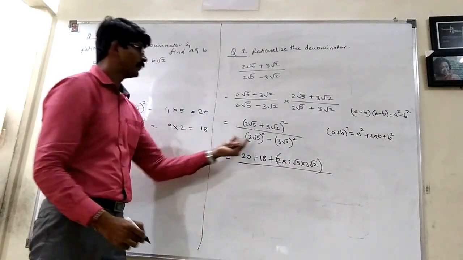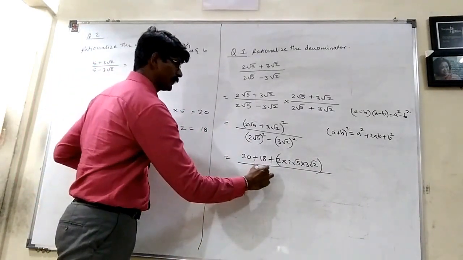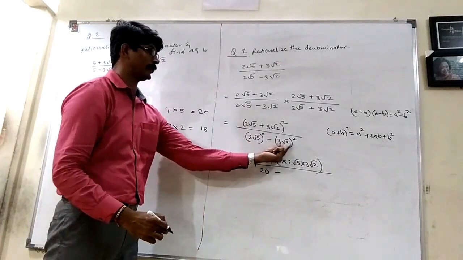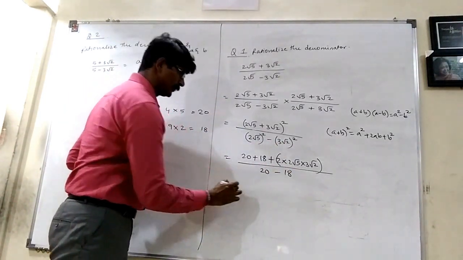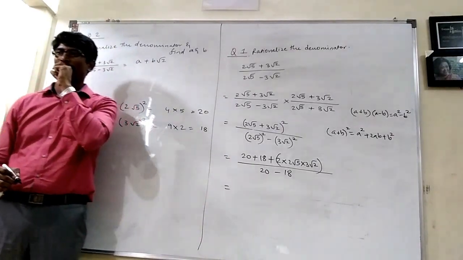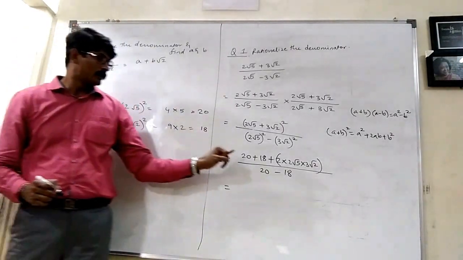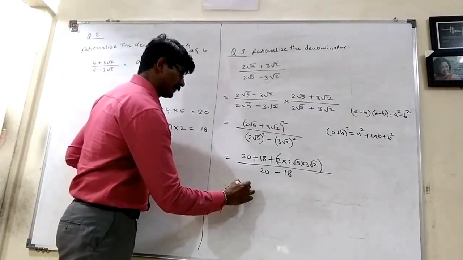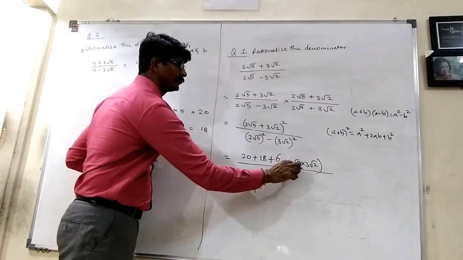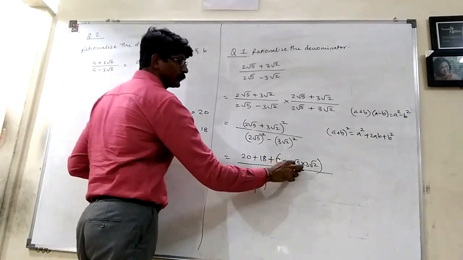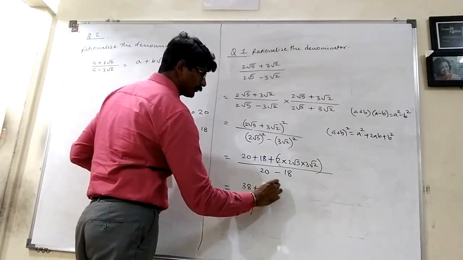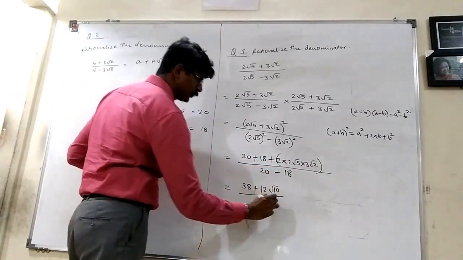Whole thing upon a square, that is 20, minus b square, that is 18. So this will become 20 plus 18, which is 38, plus 2 into 2 into 3, 2 times 4 is 12, 12 root 10, upon 2.